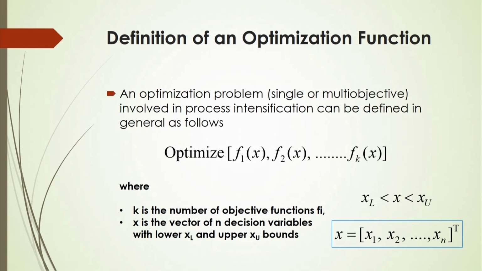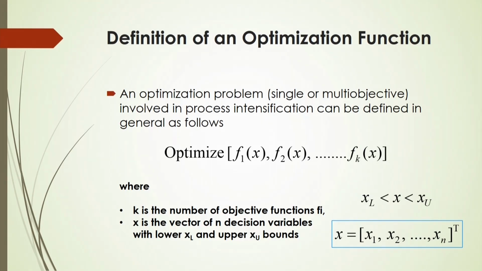These functions are optimization functions based on the decision variables, and k is the number of objective functions, how many objective functions you are making.